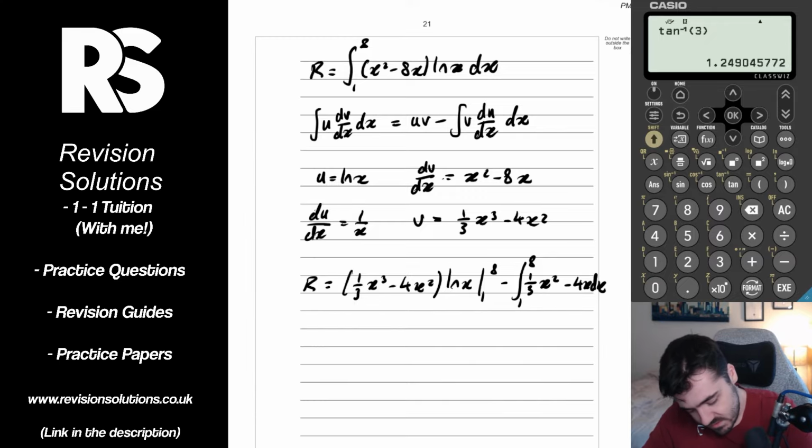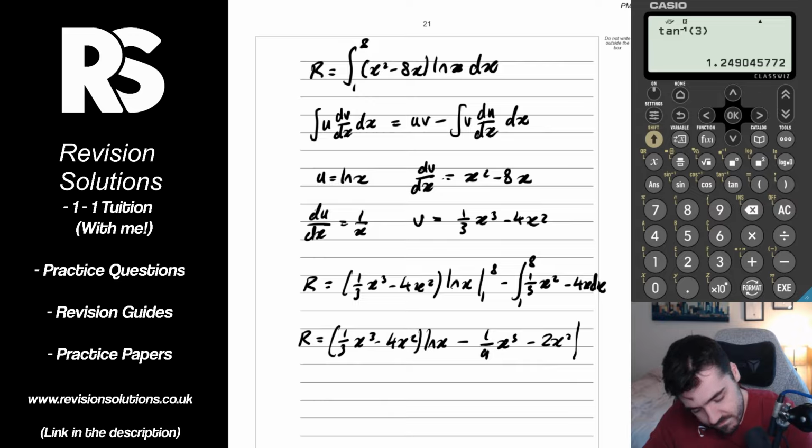So then doing the last integral there, we'd have R equals a third x cubed minus 4x squared, ln x, minus a ninth of x cubed minus 2x squared, from 1 to 8.